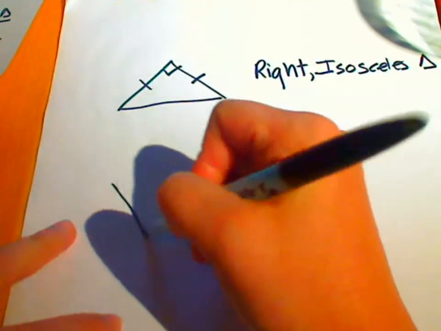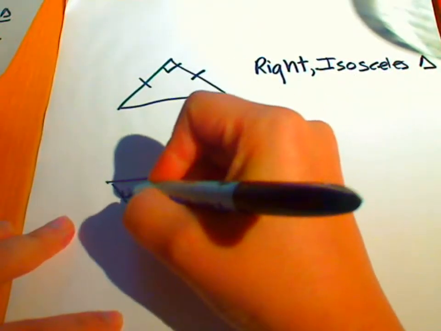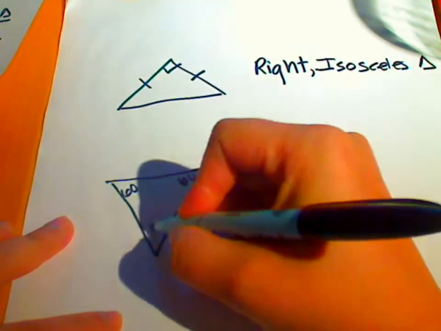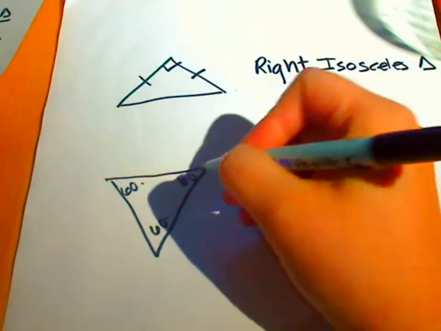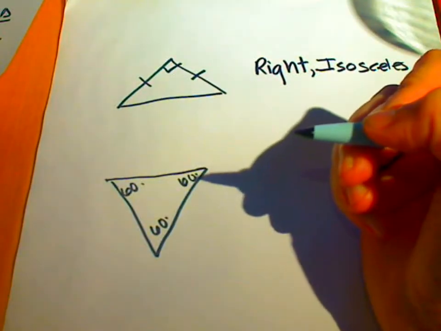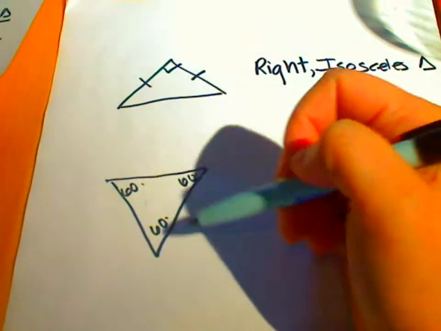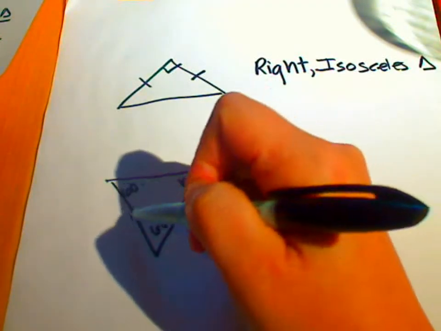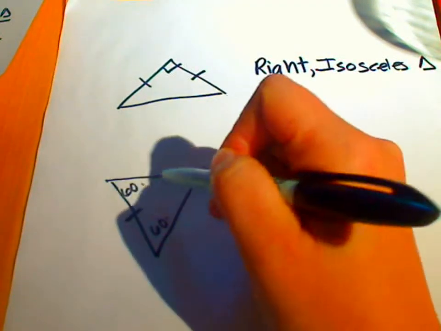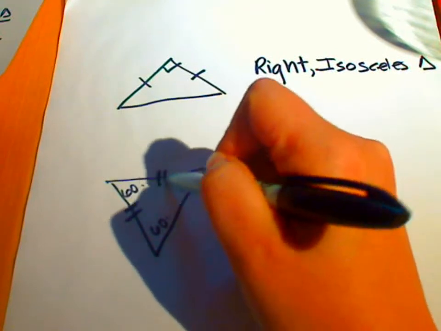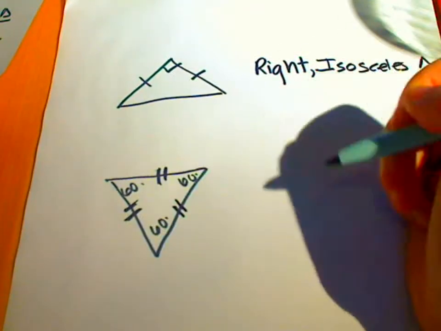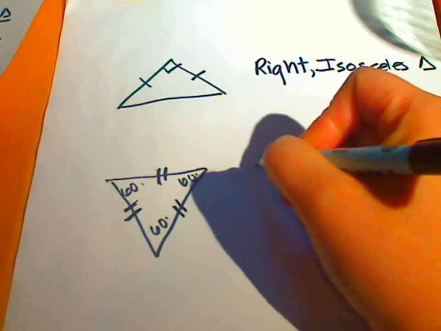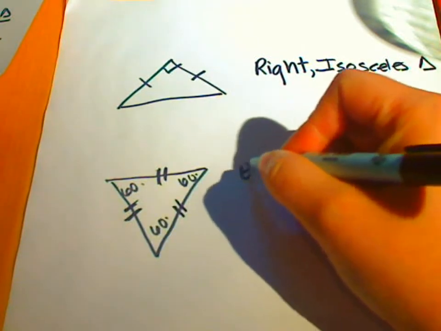If you have a triangle drawn like this, it's marked as 60, 60, and 60. This is called equiangular because all the angles are equal. But like I just said for equilaterals, if all three angles are congruent, all three sides have to be congruent. So this is definitely an equilateral.